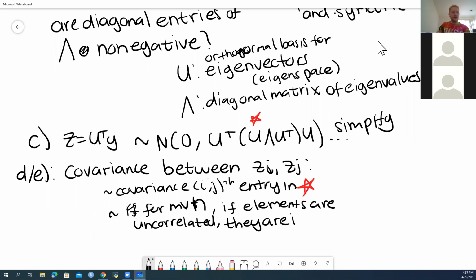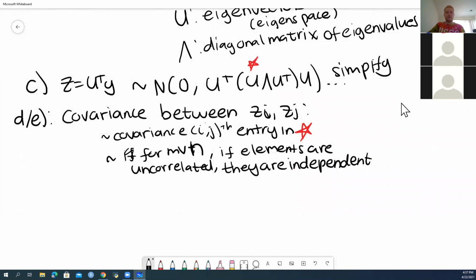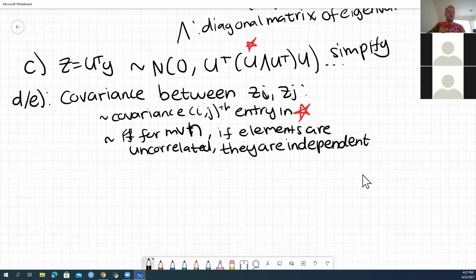Typically something can be uncorrelated but dependent. But for multivariate normal, you're allowed to switch it and say that if they are uncorrelated, they're also independent. That's just another fact about multivariate normal distributions.